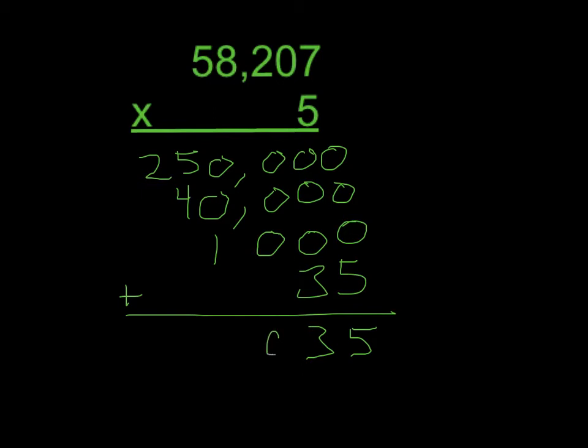And then we have 0. And then we have a 1. And 5 plus 4 is 9. And a 2, which we get 291,035 is our answer. And that is how we multiply using partial products.